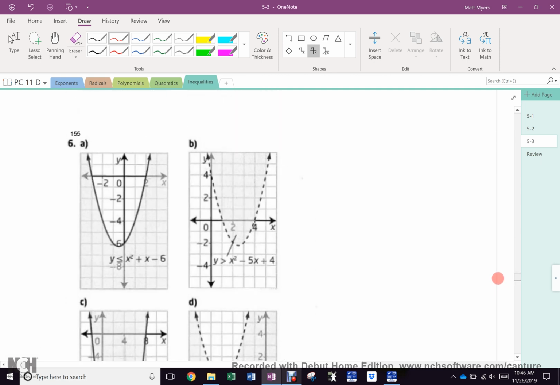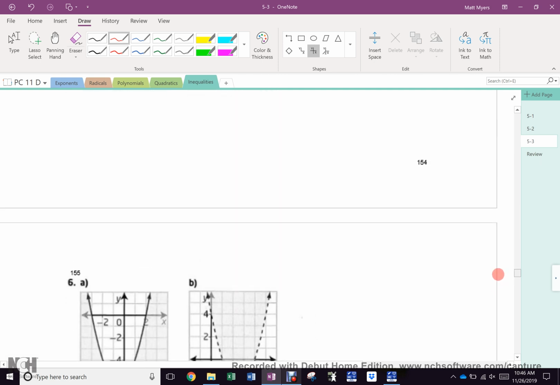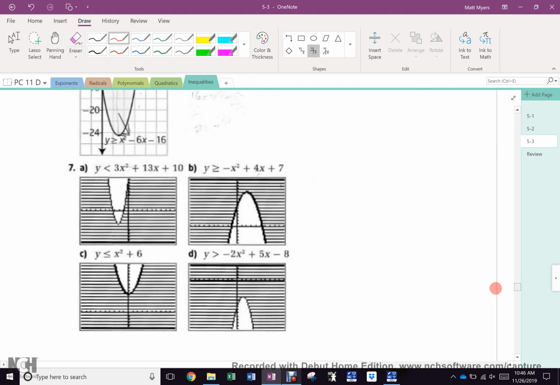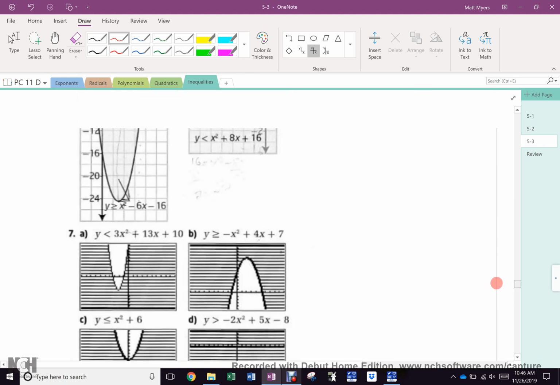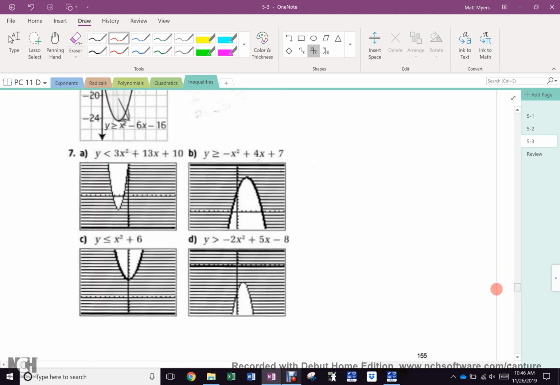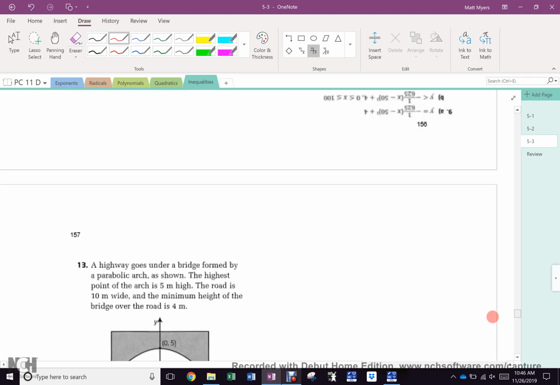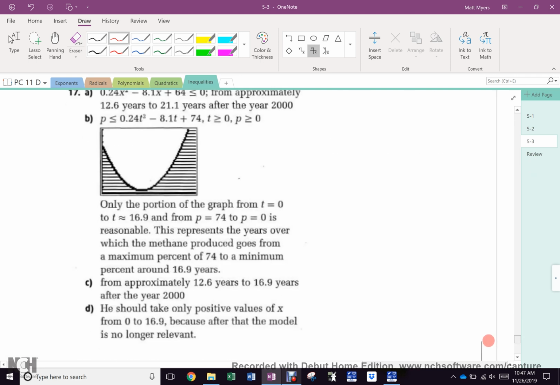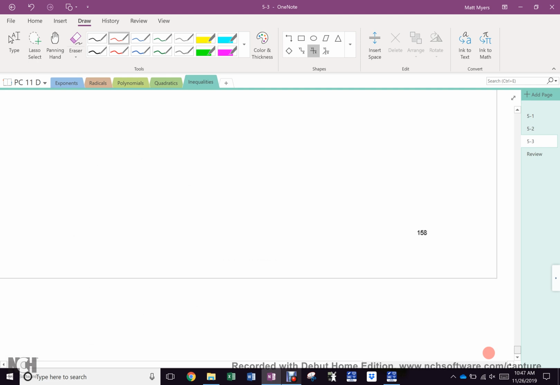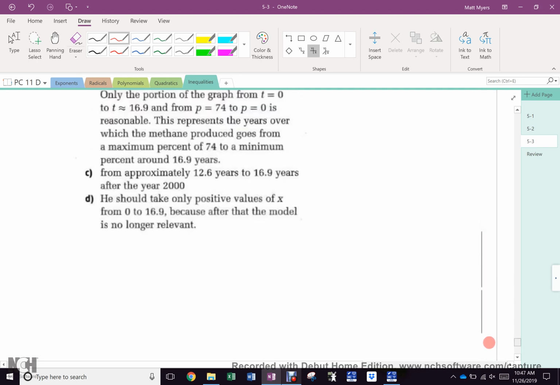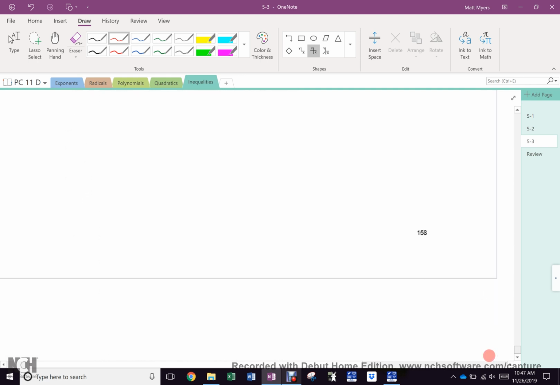I have to check what the instructions are of 155 because I appear to have cut them off when I was copying it. So you're going to do 154 to 157, 58. It looks like a lot of work, but there's a lot of pictures, and I left a lot of space to do work. That's today.